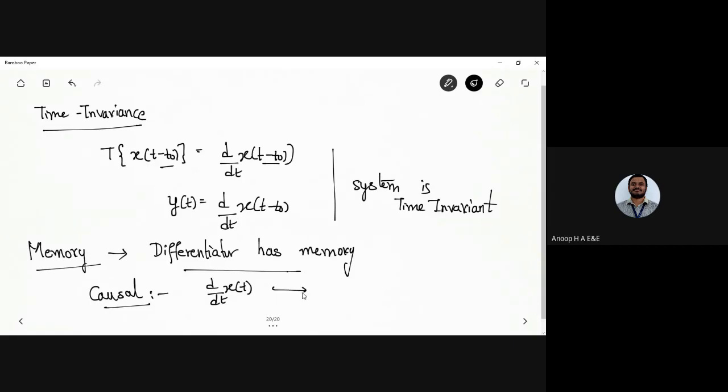That is the reason why we talk about the causality of the system. The system under consideration is said to have a causal nature. So it is causal in nature: the output doesn't depend on the future values.